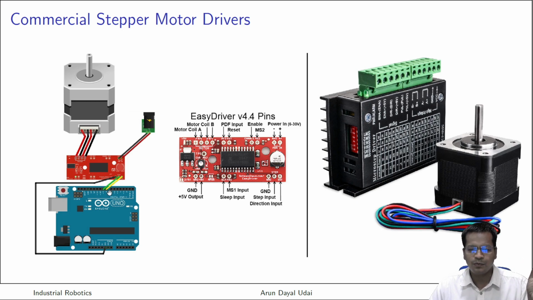There is a wire, the direction input wire. If that is high, the motor runs clockwise. If this is low, the motor runs anti-clockwise. You don't have to do anything. You just have to switch on and off one of the wires, the green wire, to change the speed, and there is the direction input wire. So just 2 control wires can control the motor, and that too a bipolar stepper motor.